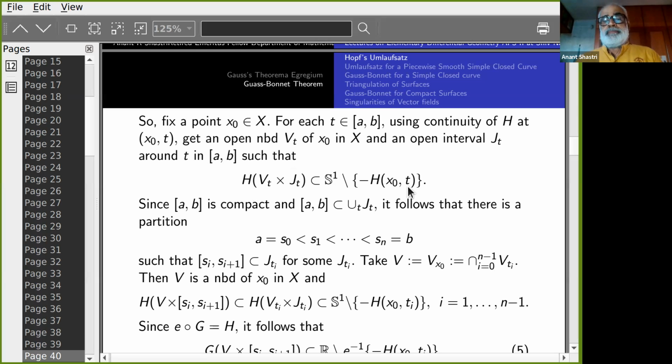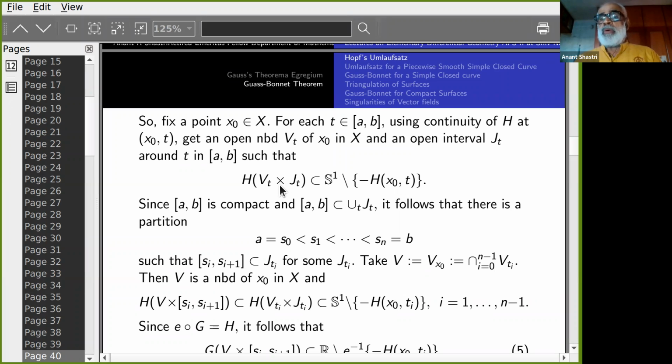I am not going to put it at t naught here; for each t you have to do this. h of x naught, t is a point, and I have subtracted it, so this is an open subset which contains h of x naught, t.